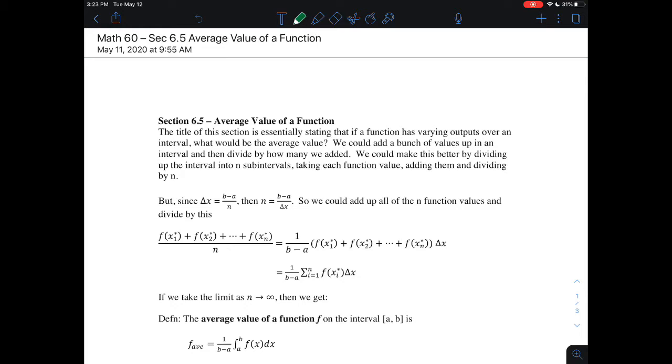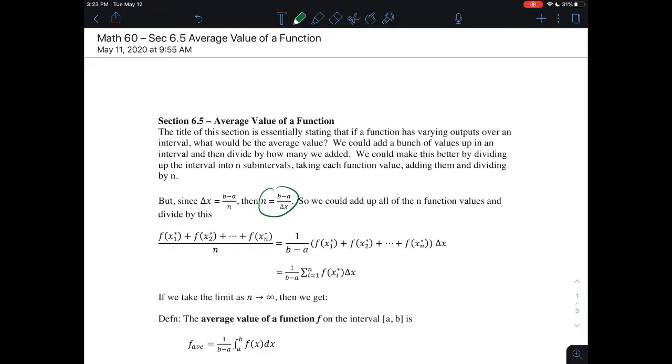What that would look like using some of the notation we've seen is f of x sub 1 star plus f of x sub 2 star plus all the way up to f of x sub n star. There's your n function values. Divide that by n. Dividing by n is the same thing as multiplying by the reciprocal of b minus a divided by delta x.